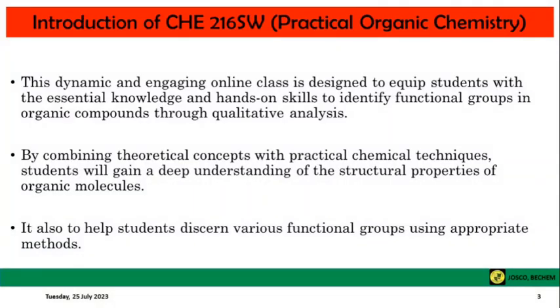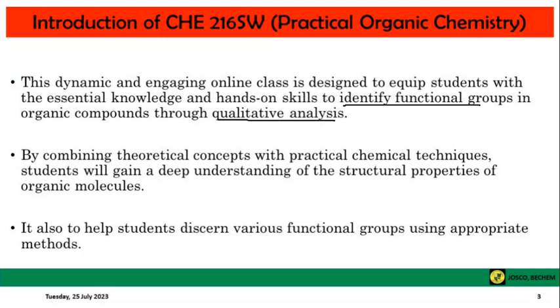Now, let us look at the overview of what this course is about. This course is to help you make use of the knowledge that you have about identification of functional groups through qualitative analysis.